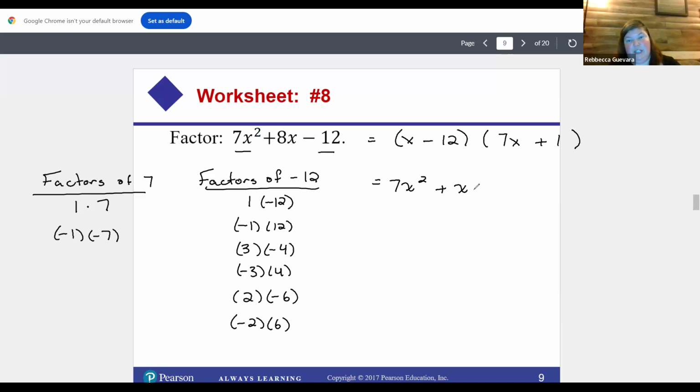Then negative 12 times 7, that's going to be negative 84x minus 12. This is already looking way out of hand here. I think probably without finishing this, we know this is not going to work.